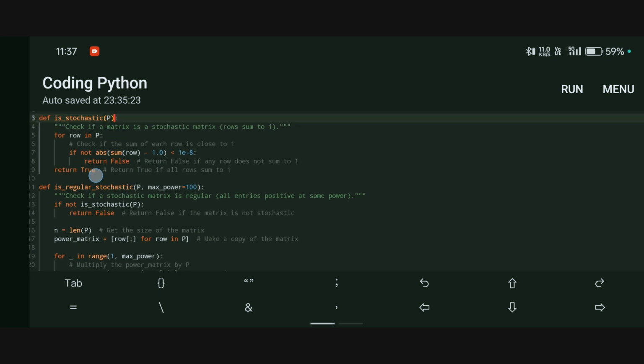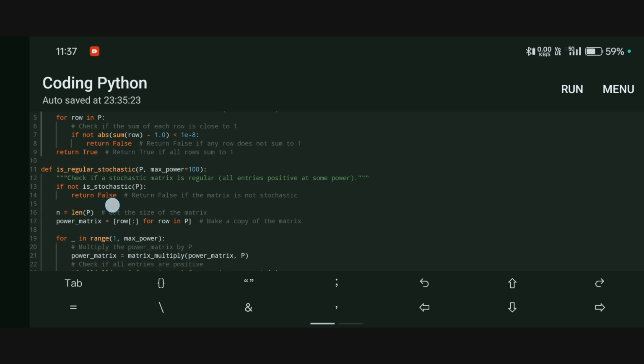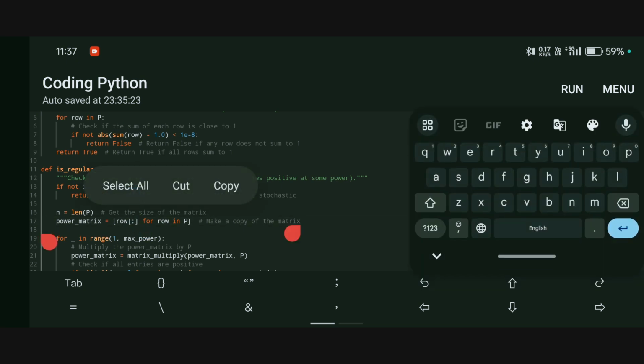For row in P: a row in P means, if it is a 3 cross 3 matrix, consider the first row and check whether its sum is equal to 1 or not, then increment to the second row and the third row. We also check that there must not be any negative values or entries in the matrix.